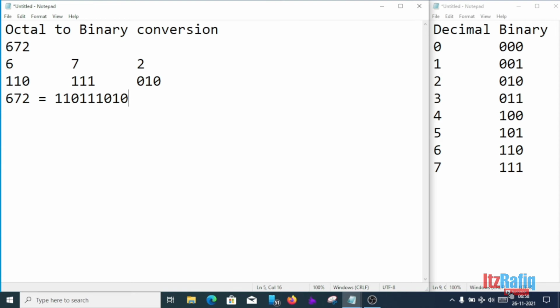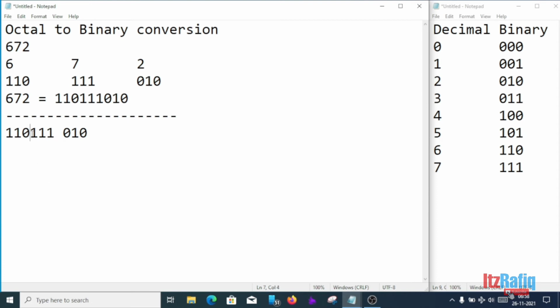Now if we convert the same number back into octal, how will we do it? Suppose we have this number and we are asked to convert it into octal. So what we'll do, we'll write the number, then divide it into 3 groups from the right hand side, like that.